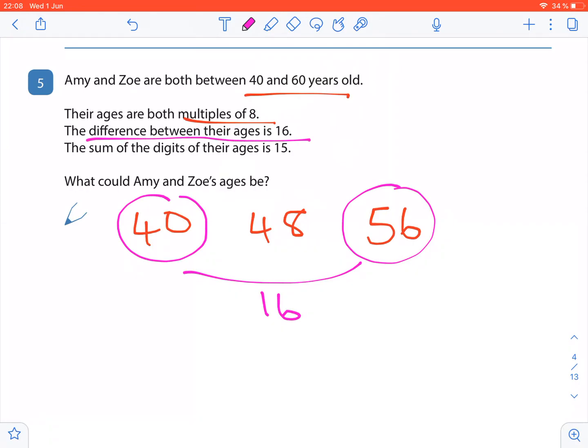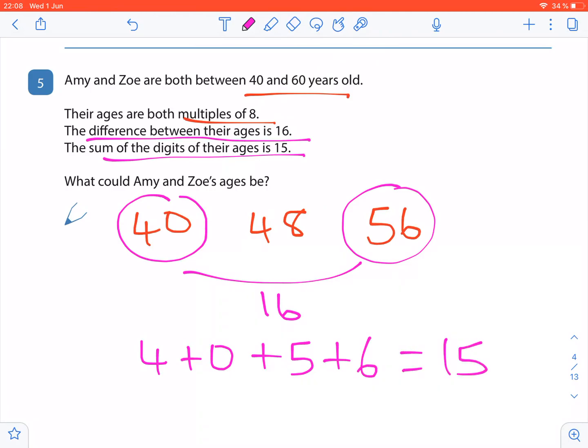The difference between their ages is 16. And then we'll just double check that the sum of the digits of their ages is 15. So if we do 4 plus 0 plus 5 plus 6, that does indeed give us 15. So it means that Amy and Zoe are 40 and 56 years old.